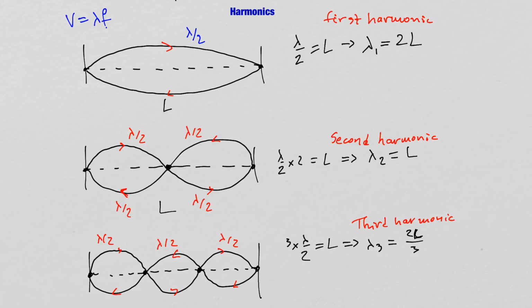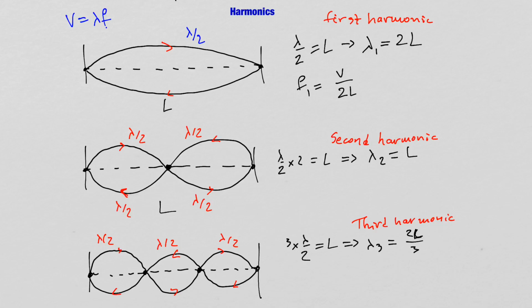For the frequency of the first harmonic, I get that F1 is equal to V divided by lambda 1, which is 2 times L, so V divided by 2L.